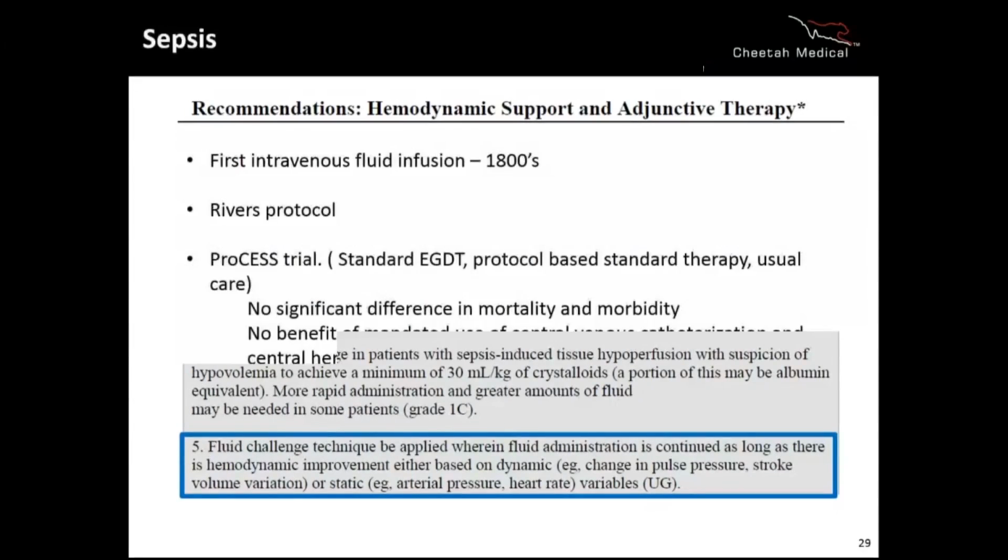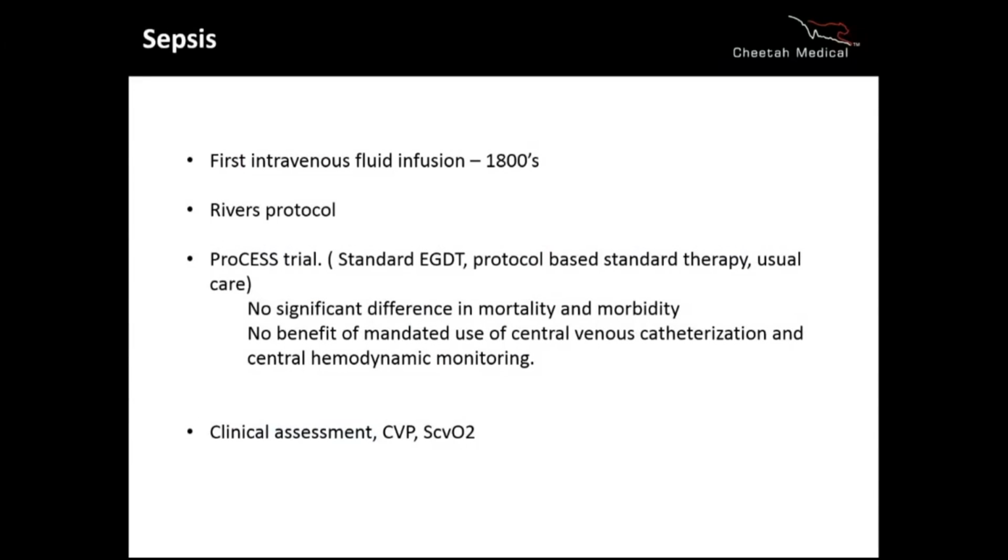The first intravenous fluid resuscitation was documented in the 1800s when Dr. Latta was treating cholera patients, and he was injecting ounce for ounce of fluid while he was carefully watching these patients. And from there, we went to the Rivers protocol where we really flooded the patients. Recently, the results of the ProCESS trial were published.